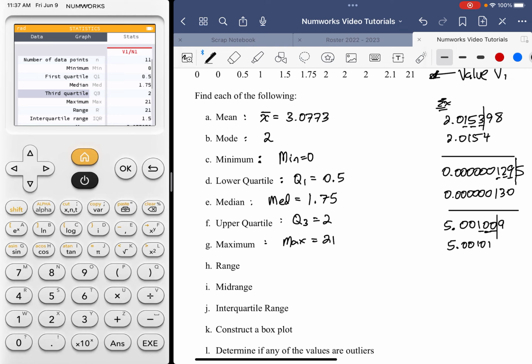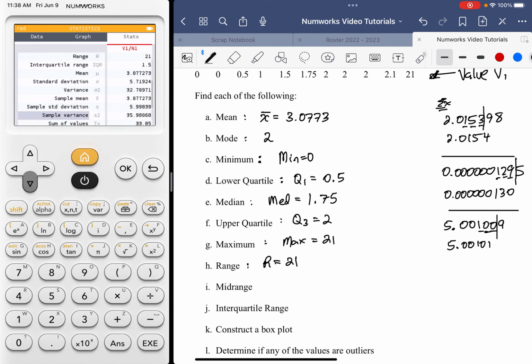The range, normally we'd have to figure that out. You subtract min from max, but they just tell us capital R is equal to 21. Mid-range, they don't tell us. There you go down the list, it's nowhere to be found. Mid-range is the min plus the max divided by 2.